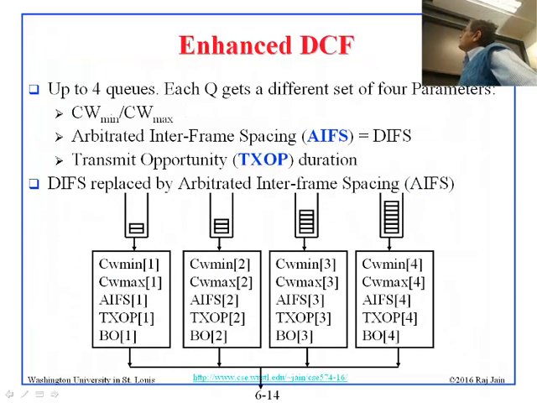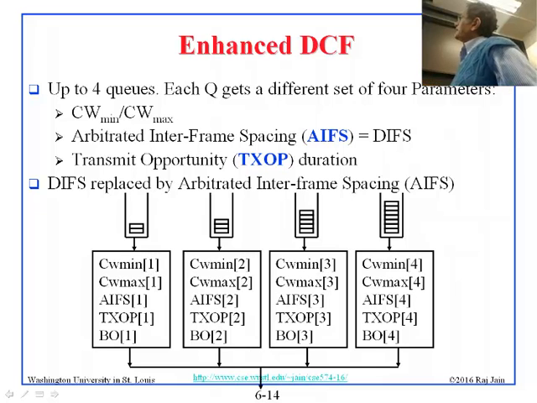So basically, they allowed 4 priorities, and each is kept in a separate queue. So the packet comes in, then we decide what priority it goes in. It's like having 4 stations inside the same station.